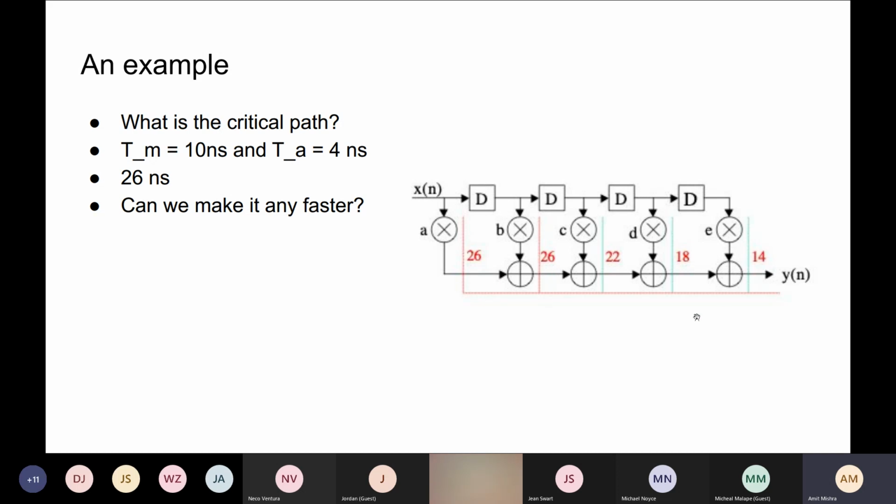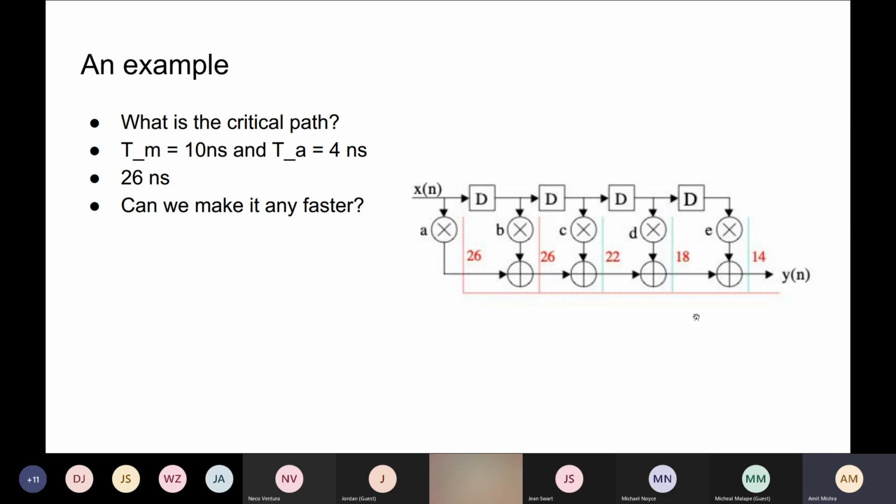Now, if the time taken for one addition is 4 nanoseconds and the time taken for one multiplication is 10 nanoseconds, then the critical path here corresponds to 26 nanoseconds. So the fastest clock cycle you can run on this architecture is 1 by 26 nanoseconds.